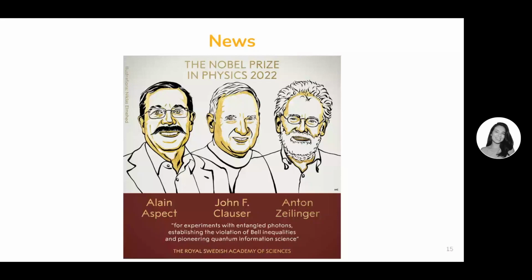Since the announcement of this Nobel Prize, there is even more attention given to quantum computing. I would say that this will drive interest and investment in the technology, but hopefully also bring brilliant people to the field, because there is a shortage in the workforce in quantum computing, and anyone who would like to contribute in one way or another is very welcome.